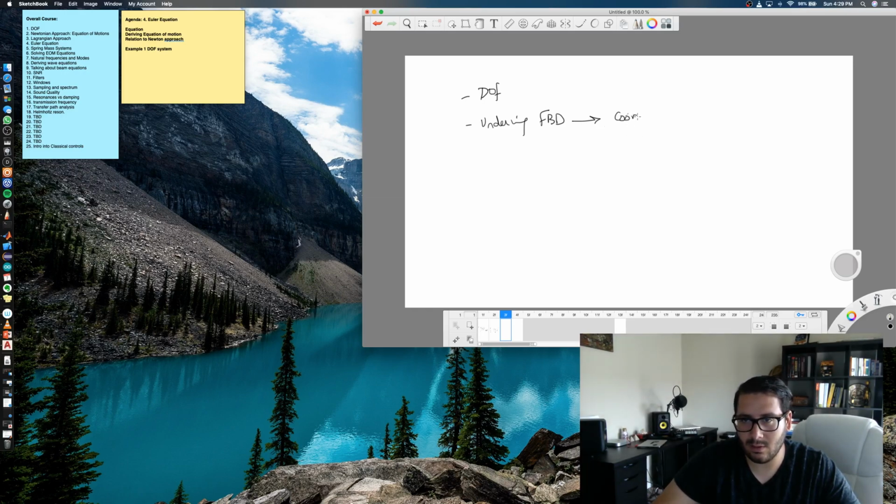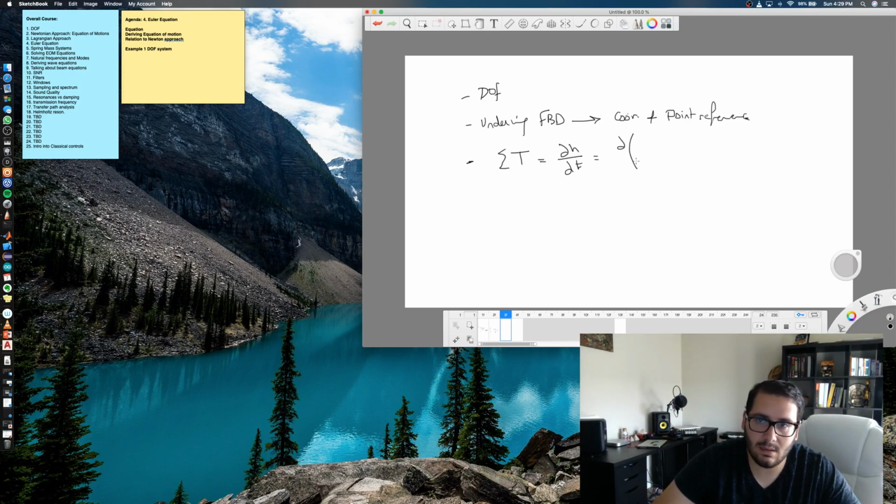So coordinates and point references. Then finally, after you do all of that, depending on how many degrees of freedom, you might also need to use Newtonian, but you're going to start using dH over dt, which is equal to the matrix I times the omega vector.